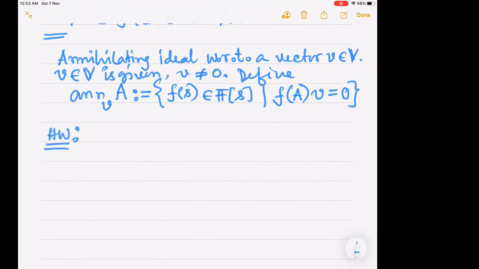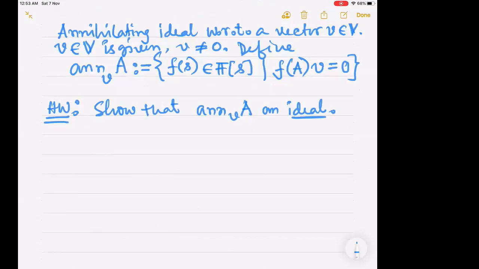Show that this is an ideal. It's very simple to show: show closed under addition and closed under multiplication from the ring. Because it's an ideal, and the polynomial ring is a PID, there is a unique monic generator.